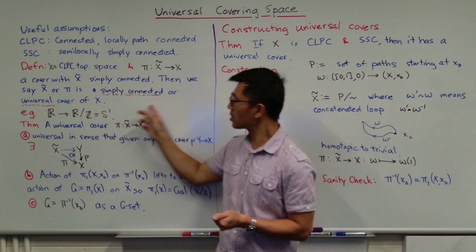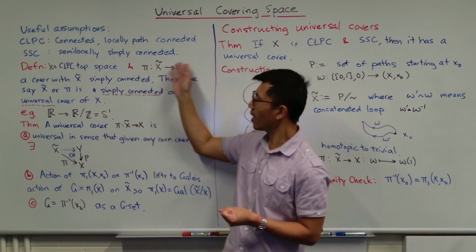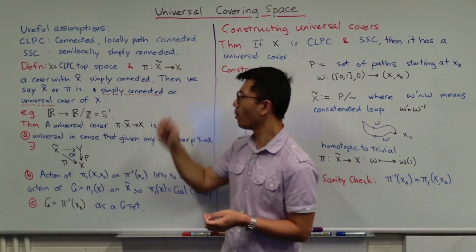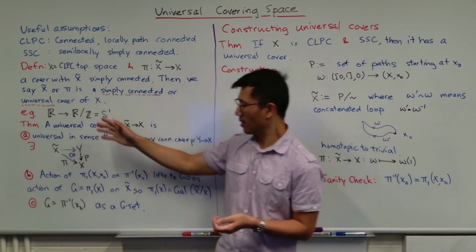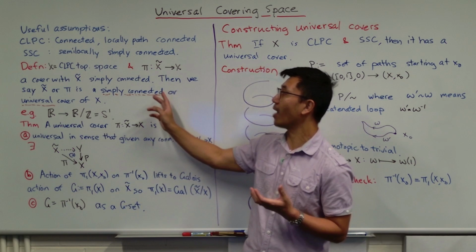Certainly it's clear why we call such a cover a simply connected cover, but why is it called a universal cover? In this theorem, I want to sum up some facts about such a cover.